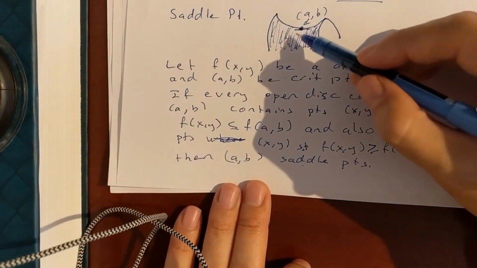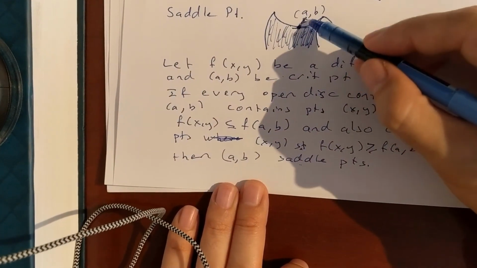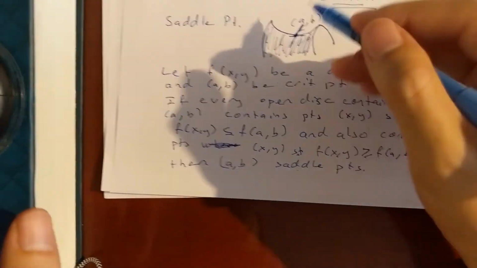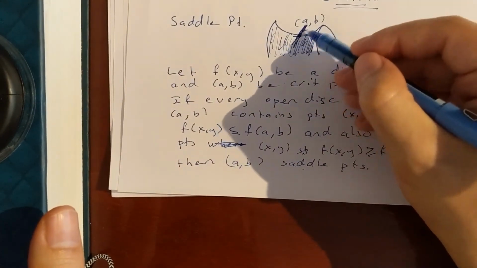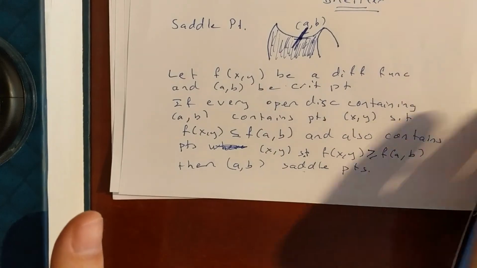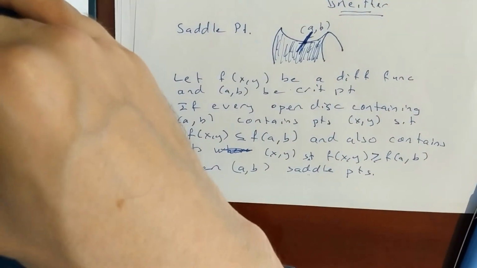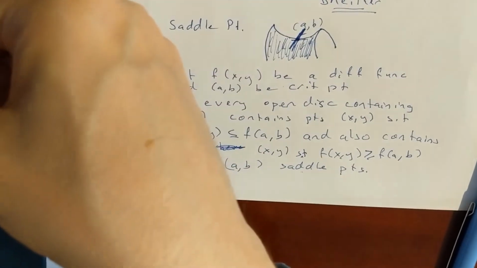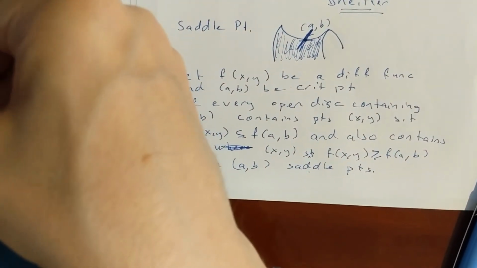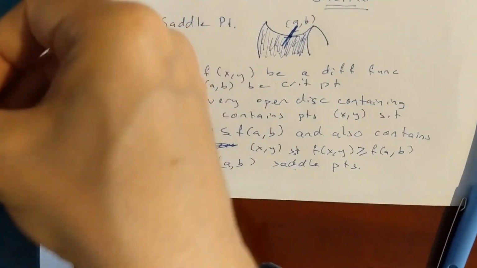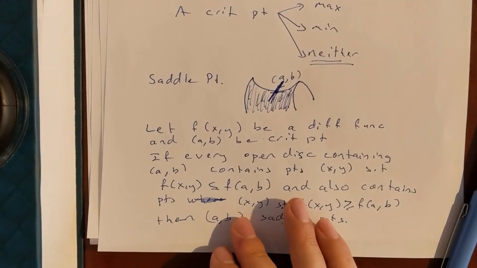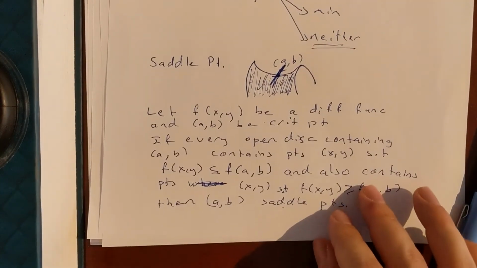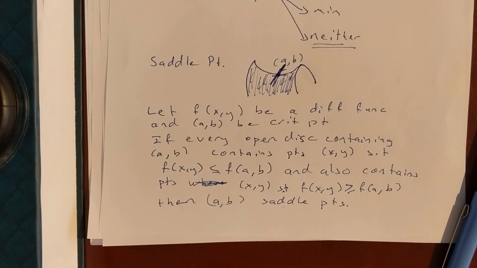If you do the derivative in the y direction on top of the saddle, it's going to be this way. Again, the derivative is going to be 0. So you have both the partials 0, but unfortunately it's neither a maximum nor a minimum. It's a saddle point. So that could happen as well.